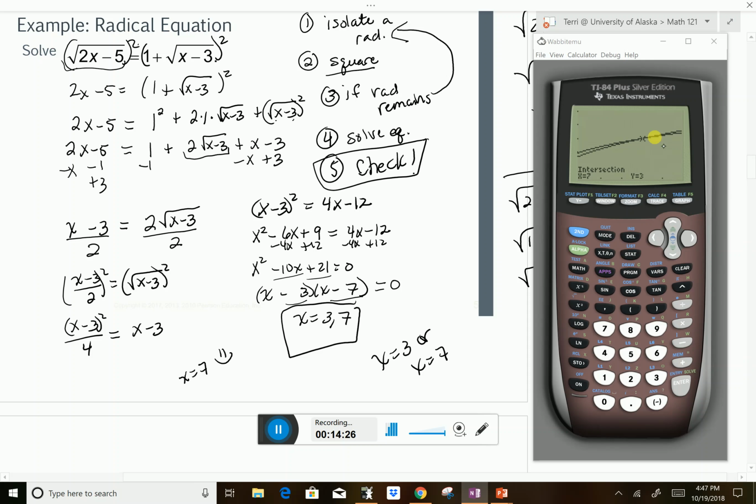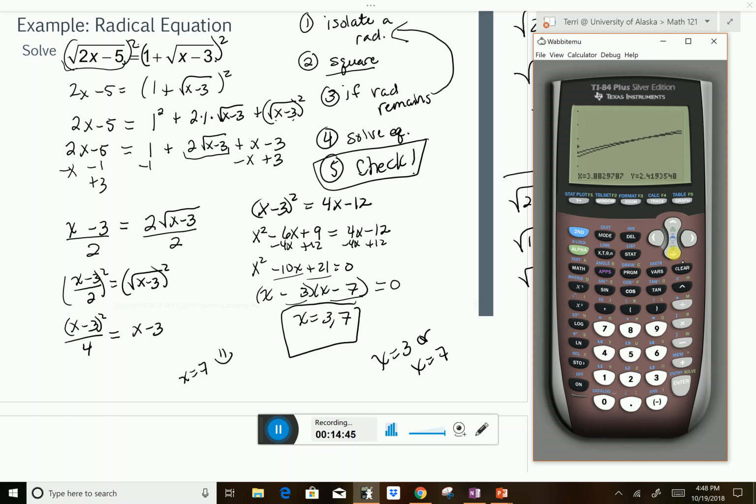Okay, so we need to find the other one. So we're going to need to zoom back out. Let's zoom out a little bit farther this way, and down a little bit.